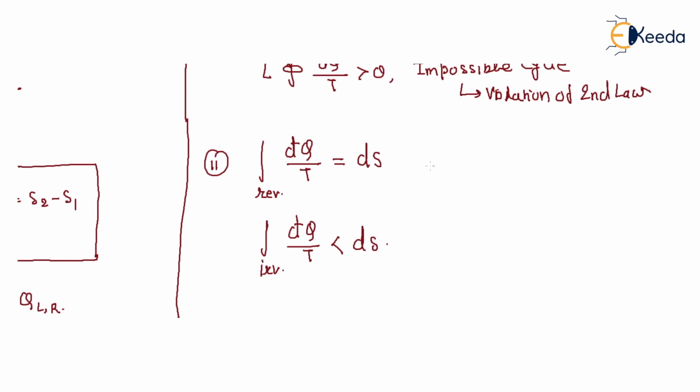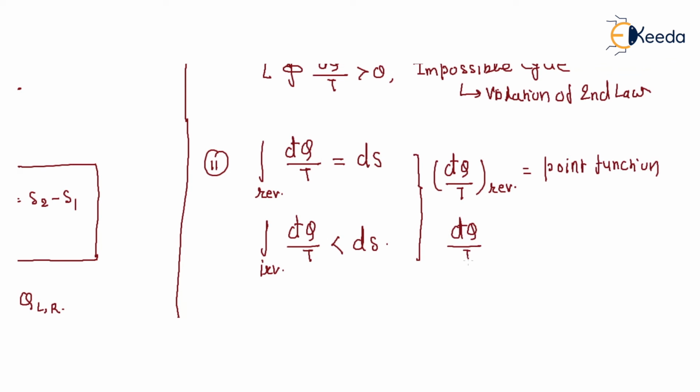So dQ by T for a reversible process is a point function, and dQ by T for an irreversible process is a path function.